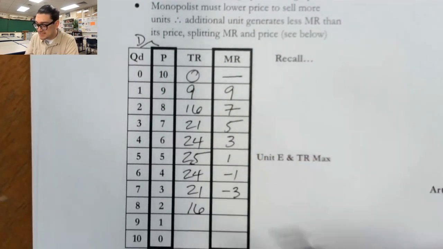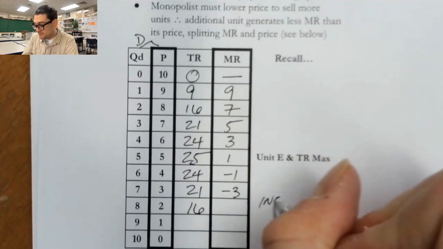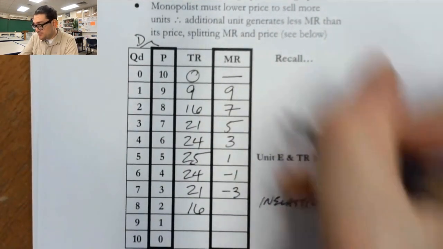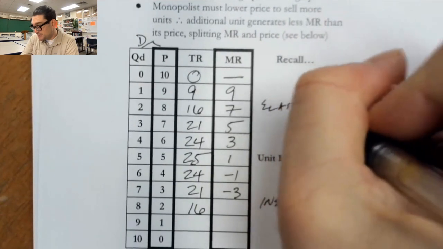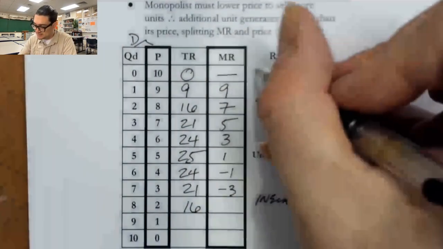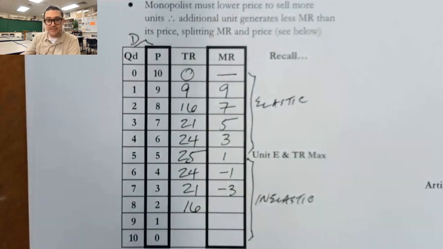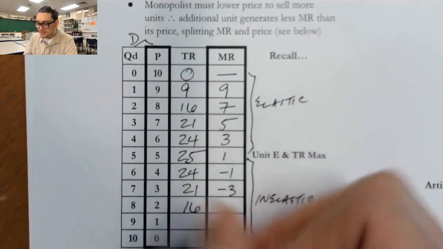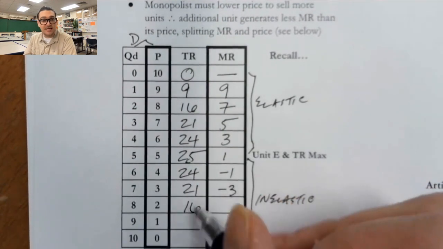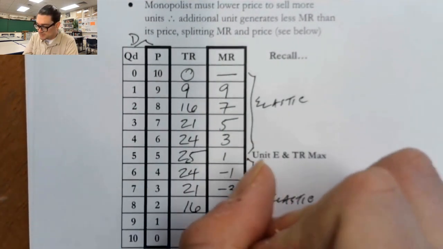And that's because this is the inelastic range of a demand curve. Just like we learned in Unit 2 that every demand curve has an elastic and an inelastic range, we would say that a monopolist's demand curve has an inelastic and an elastic range. And in this case, they're lowering the price, and it's actually lowering their total revenue every single time.